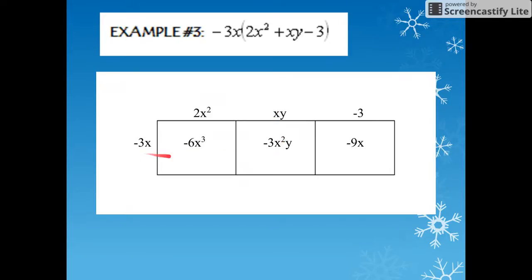And then finally, negative 3x times negative 3. Oh, I found a mistake I made. This should be positive 9x here, not negative 9x. And then also that should be in our answer too. That should be plus 9x. I guess I should have double or triple checked my slides.